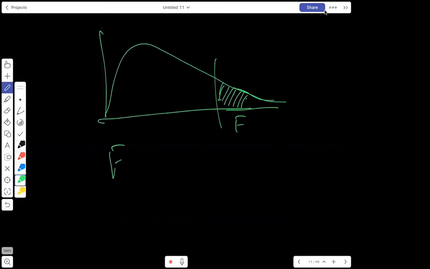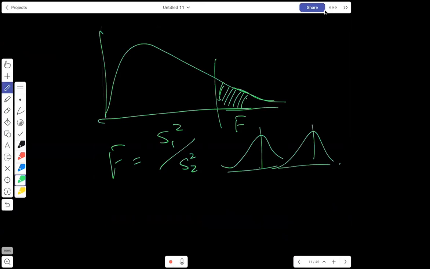And it's a distribution that is made up from the ratio of two sample variances, S1 squared over S2 squared. In other words, if I have two samples, S1 and S2, those are the sample standard deviations.